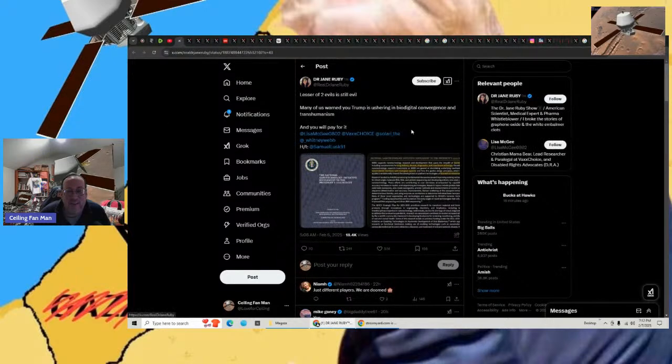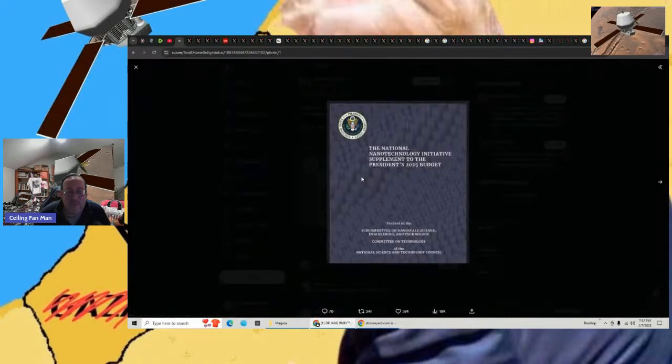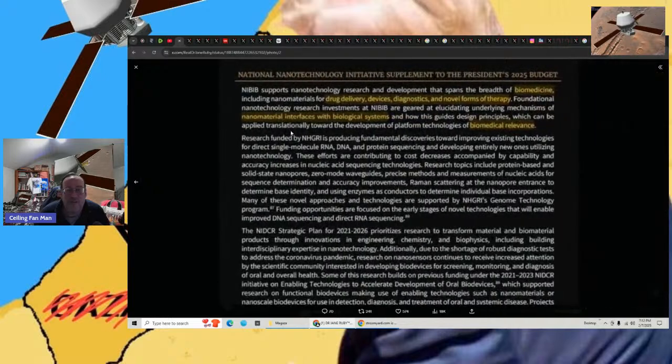And just in case you're wondering, here's the National Nanotechnology Initiative supplement to the president's 2025 budget, where it specifically outlines the drug delivery devices, diagnostics, and novel forms of therapy, nanomaterial interfaces with biological systems and biomedical relevance.